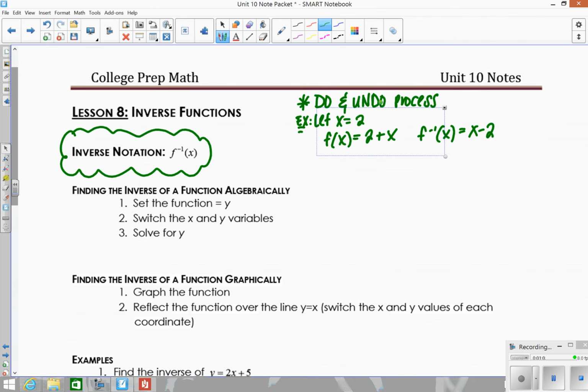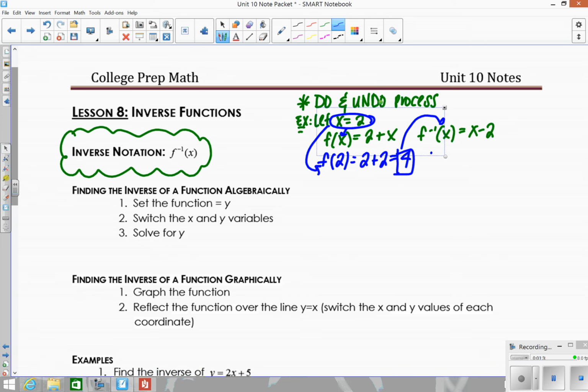So if I take this 2 and plug it in, f of 2 would be 2 plus 2, which gives me 4. So I plug in 2, I get out 4. With the inverse function, if I plug in 4, I'm going to get out 2. So if 2 is the input and the output's 4, the inverse is just the opposite of that.